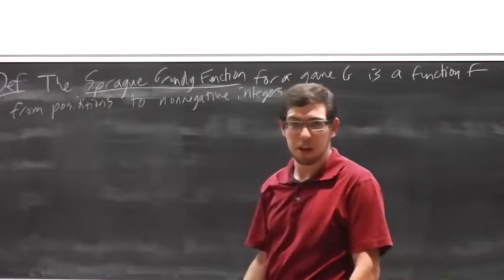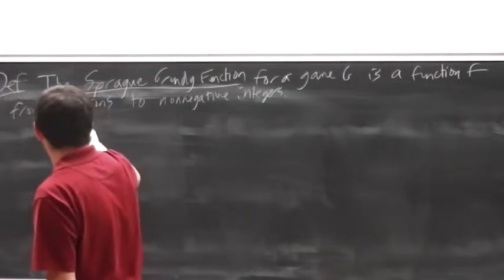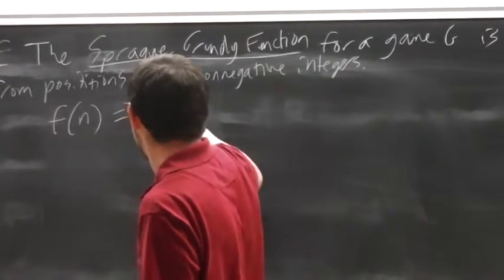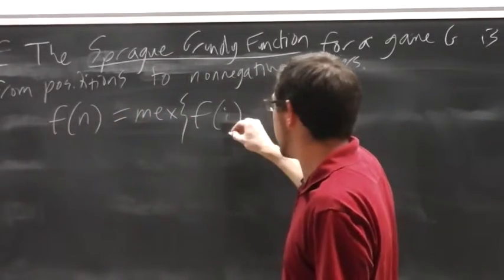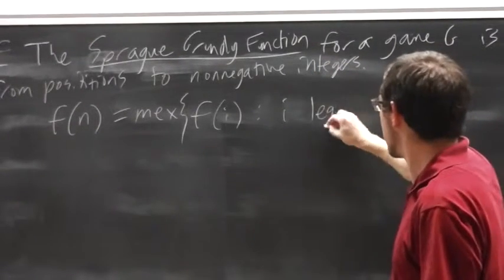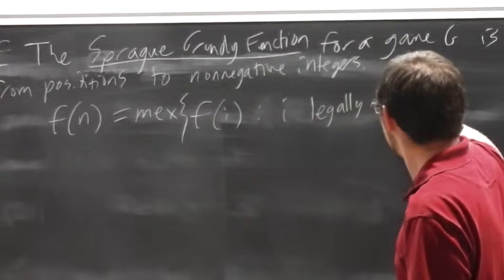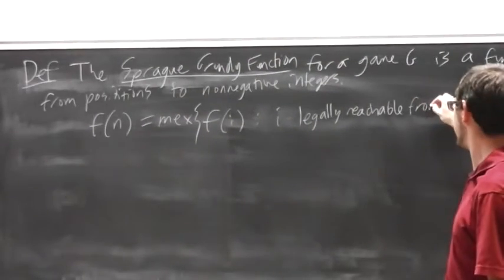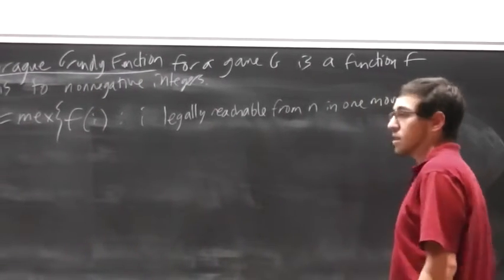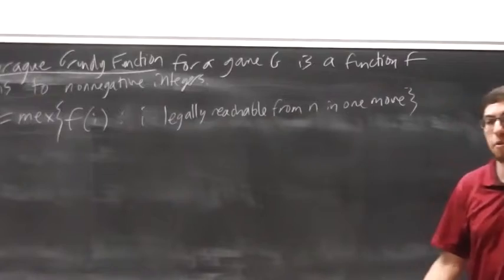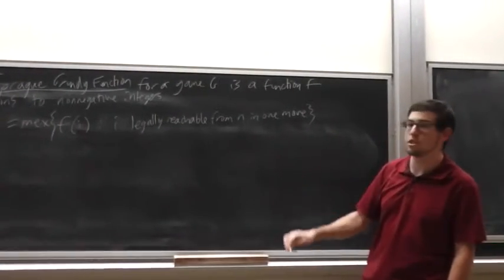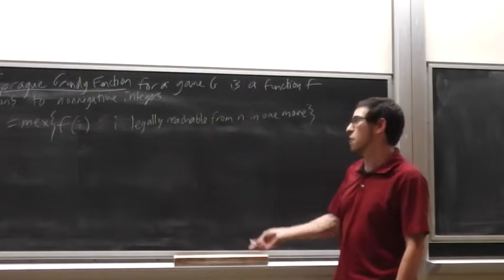It's defined recursively. f of n, where n is the index of some position, equals the mex of f of i, where i is legally reachable from n in one move. The Sprague-Grundy function has a number of important properties, but the most important property is that it equals 0 if and only if the position is a P position, which is why we're interested in this function.